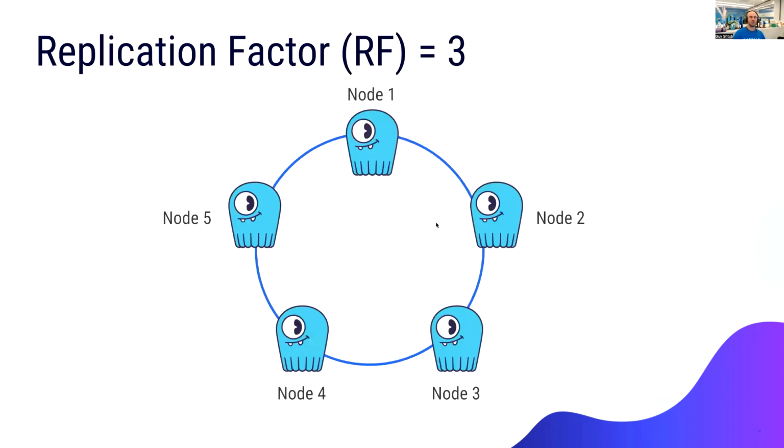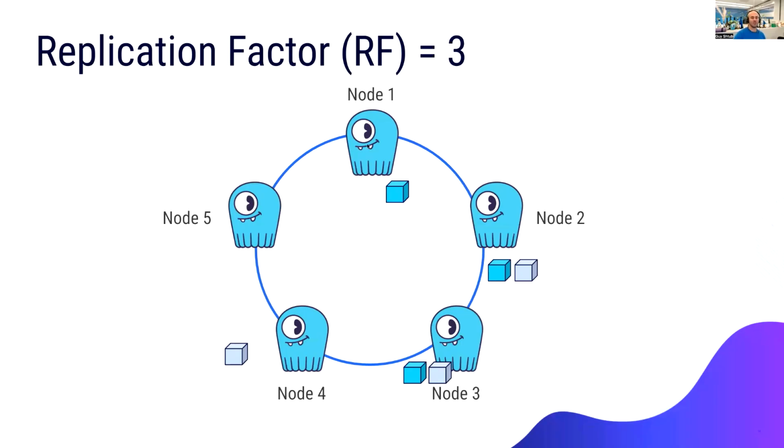What does it mean if the replication factor is 3? If we go back to our previous cluster with 5 nodes, each piece of data that we write to the cluster is going to be replicated to 3 different nodes. Okay, so let's say this light blue cube is a piece of data.